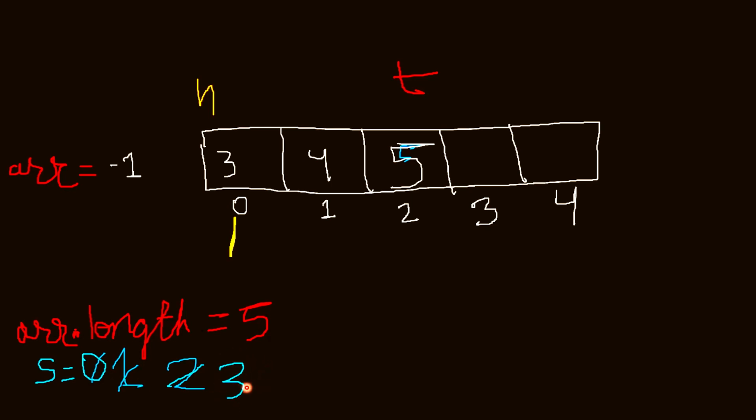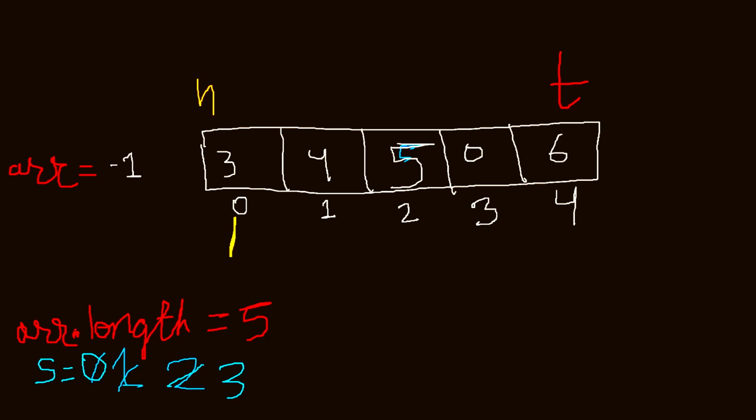Now again, perform enqueue operations. Whenever we perform an enqueue operation, let's insert a new element, let's say 0. Now again we will insert a new element. When we insert a new element, tail will move forward, and 6 is inserted here.